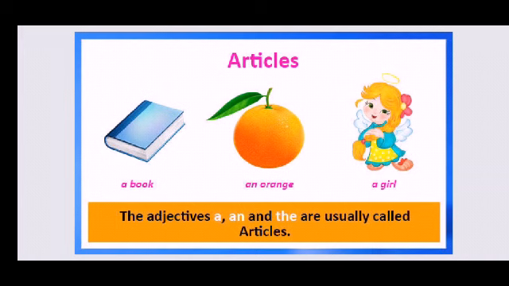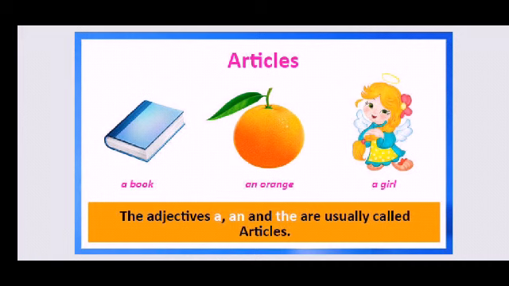Watch these examples. A book, an orange, a girl. Book started with the consonant sound B, so we use article a. A book. An orange.